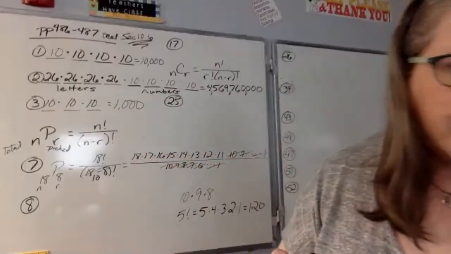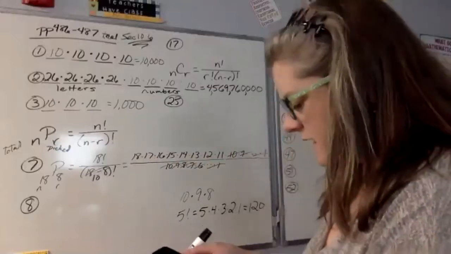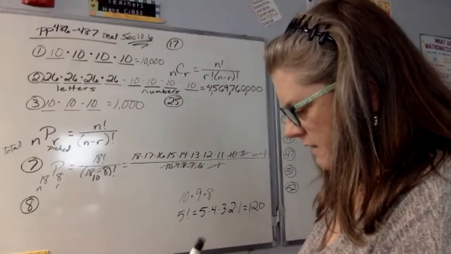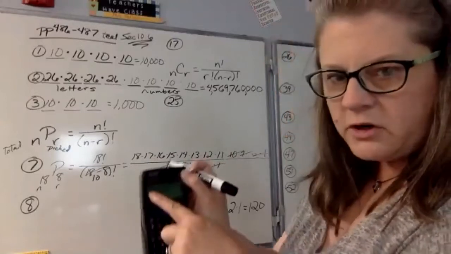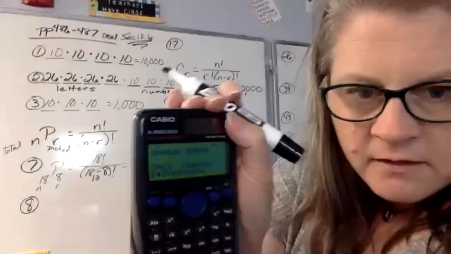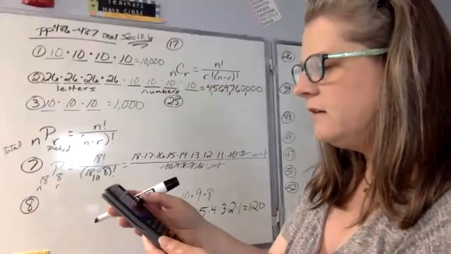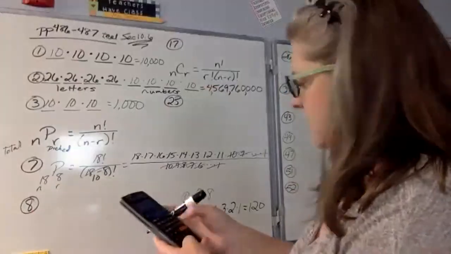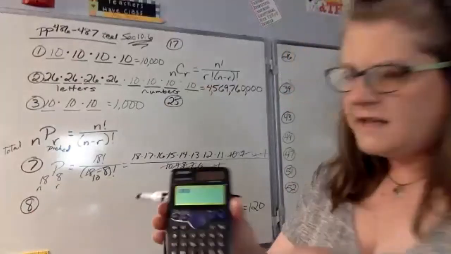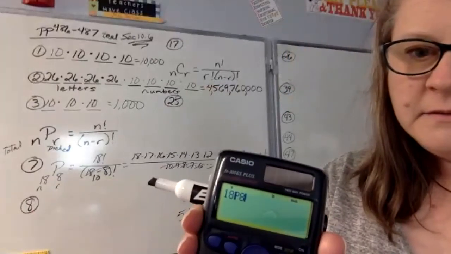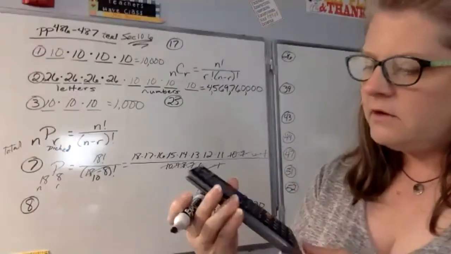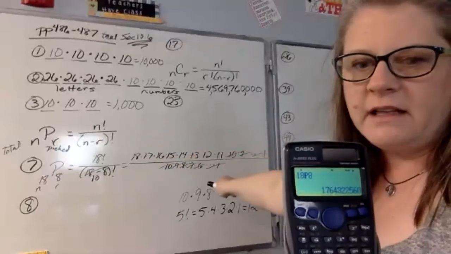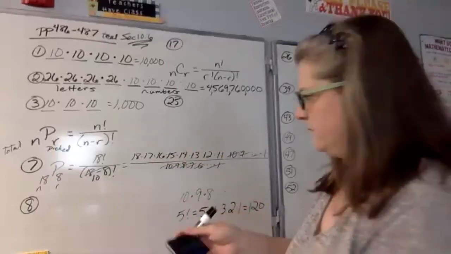Or if your calculator has the nice little button and you found it, you put 18, you put your little nPr in, so it puts the little capital P on your screen. So I have 18, I hit shift, my multiplication, and then 8. So it has 18P8. And then I hit equal, and it multiplies those numbers that I just listed out, 18 down to 11, and you get a big answer.